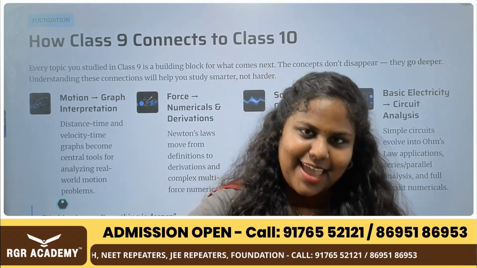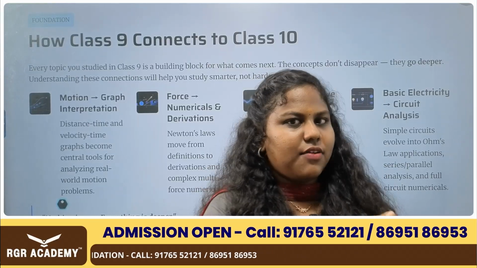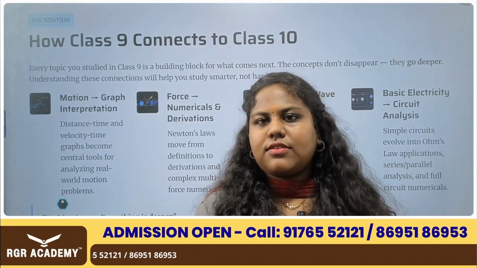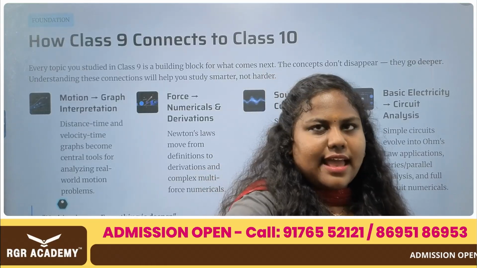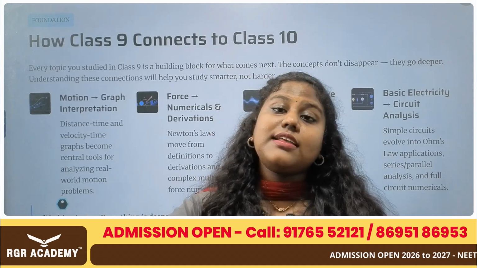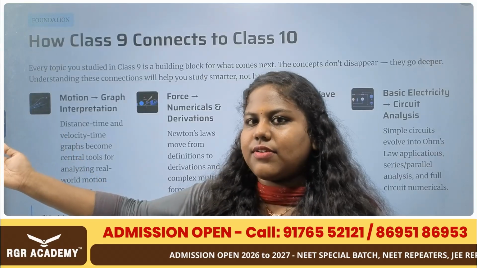So this is the same thing physics also does. Physics is something which is related to everything. So physics is physics, but the classes you are studying are 9th, 10th, 11th and 12th. You are learning the same concept in 9th, in 10th, in 11th and in 12th. What varies?